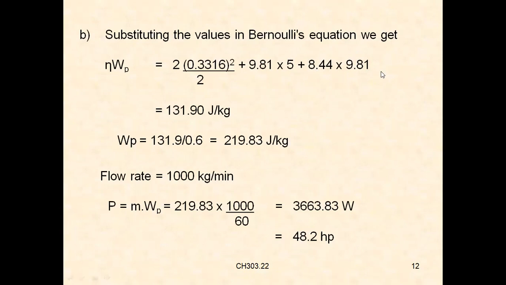So first we will calculate the value of HF and substitute it in Bernoulli's equation. We'll apply Bernoulli's equation between the two stations, and from that we can calculate the value of WP. From the value of WP, we can get the power required by the pump, that is P is equal to m dot into WP. This is the answer.